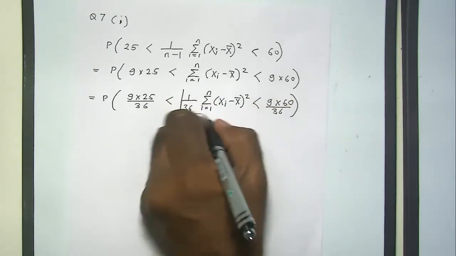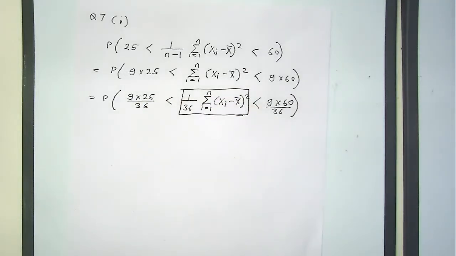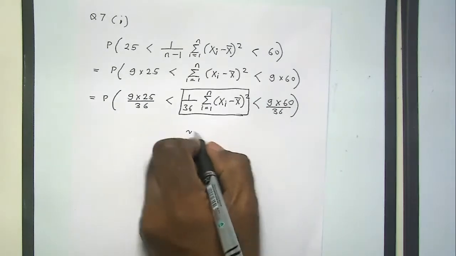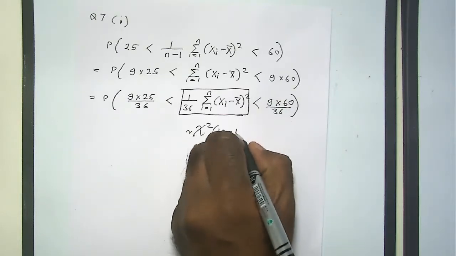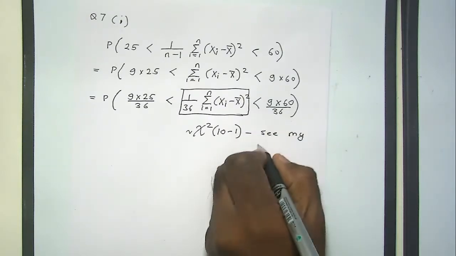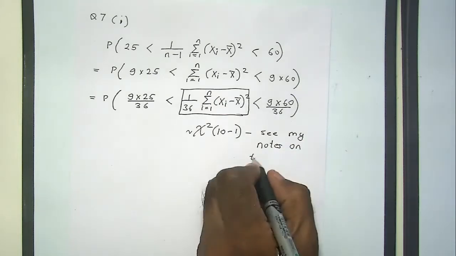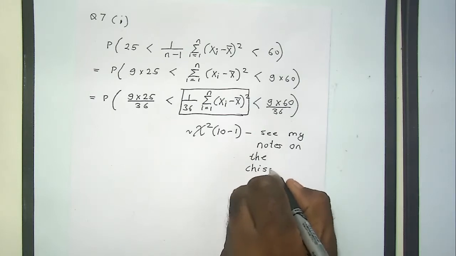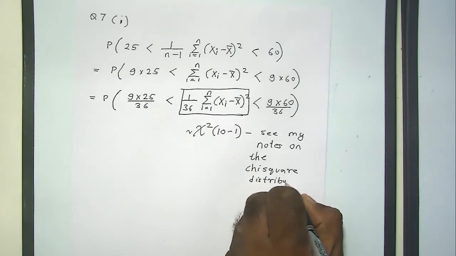Now, if you look at this term here, once again, if you look at my notes on chi-square distribution, you will see that this has a chi-square distribution with n minus 1 degrees of freedom, which is 10 minus 1 here. Please see my notes, either the printed notes or the handwritten notes. Both of them contain the chi-square distribution.